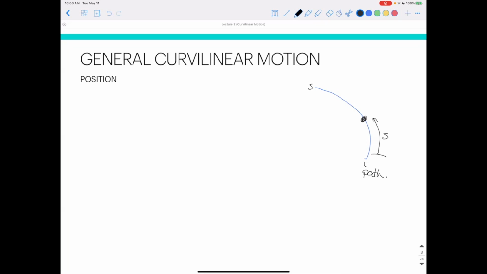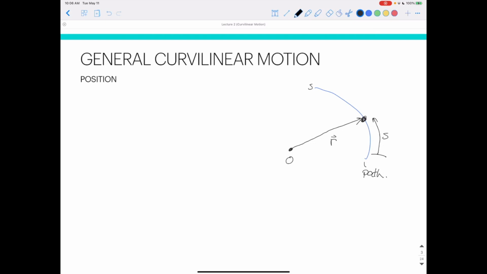And for curvilinear motion, we will typically describe the position of the particle by the position vector, and that's always with respect to some origin. So if we have some origin over here, call that the origin. Our position vector is just the vector that's pointing from the origin to our particle at some point in time, and that is a vector quantity.